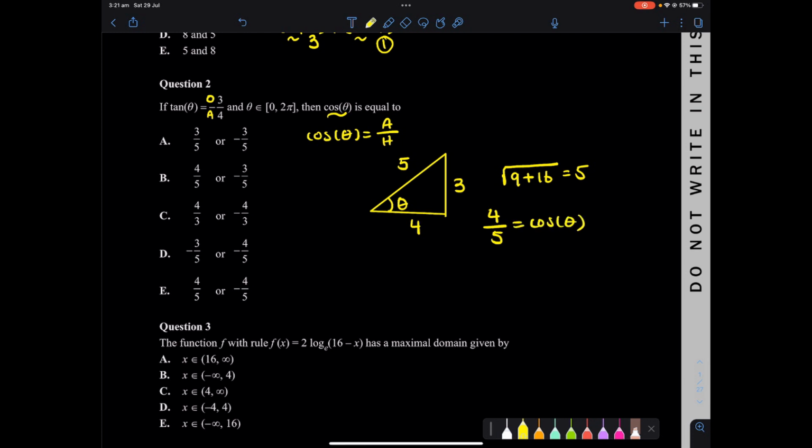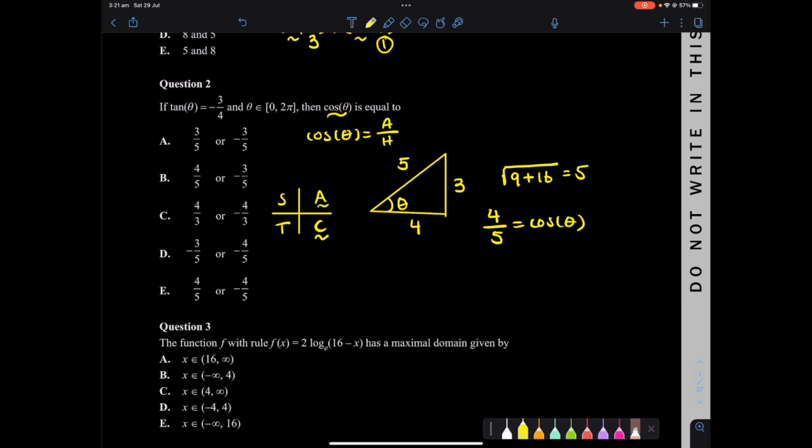But we need to remember something. If you look at your tan, it has a negative, meaning that if we draw the CAST diagram, if tan is negative, it does not belong in that quadrant, meaning that it probably is C. When cos is in C, it's positive.